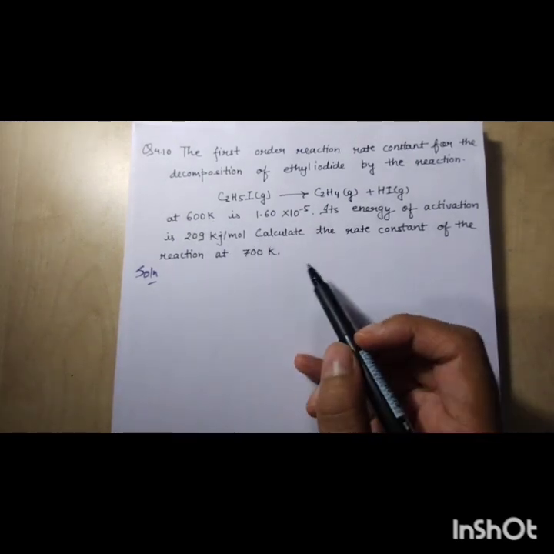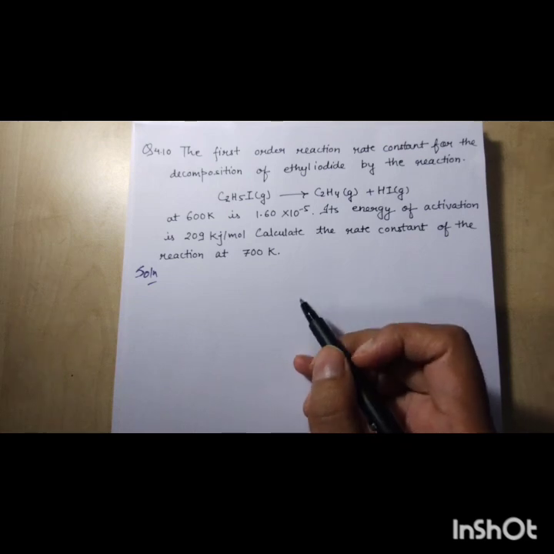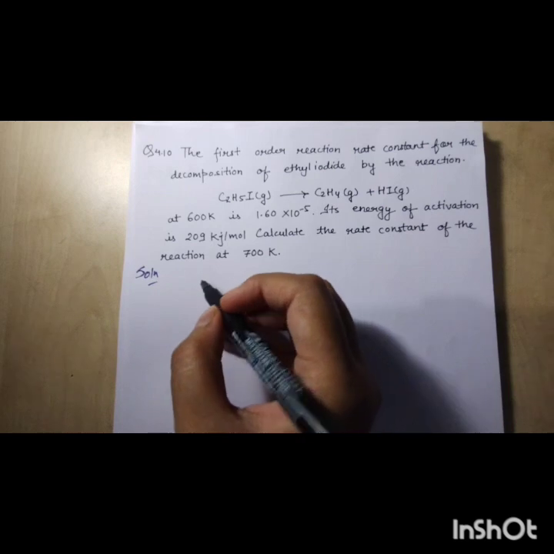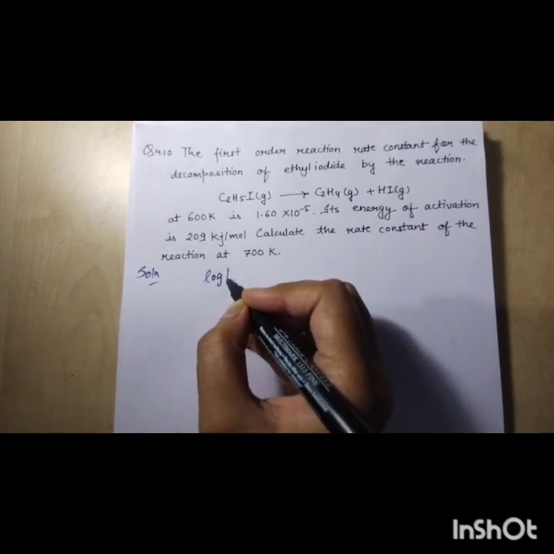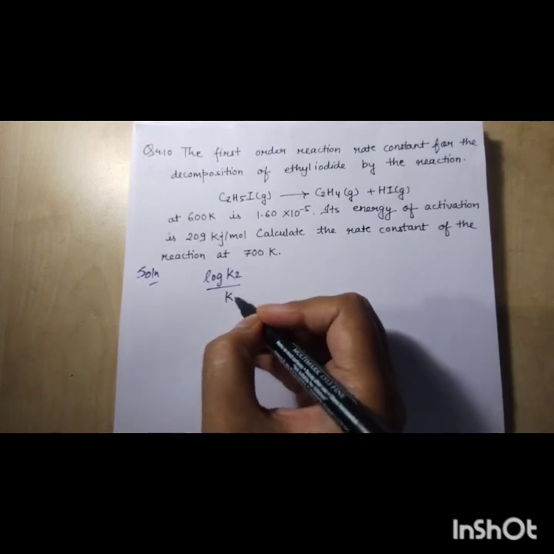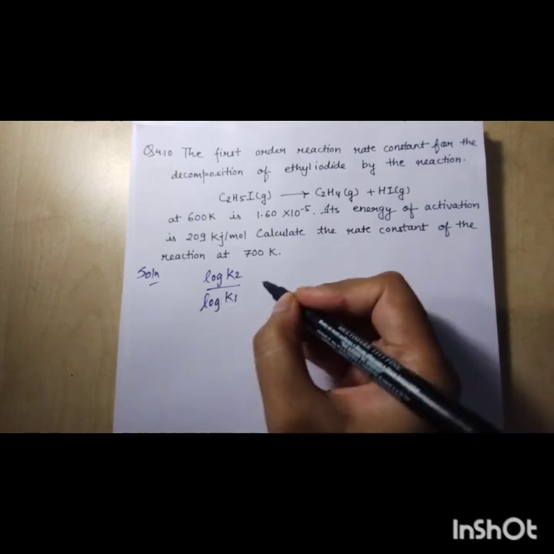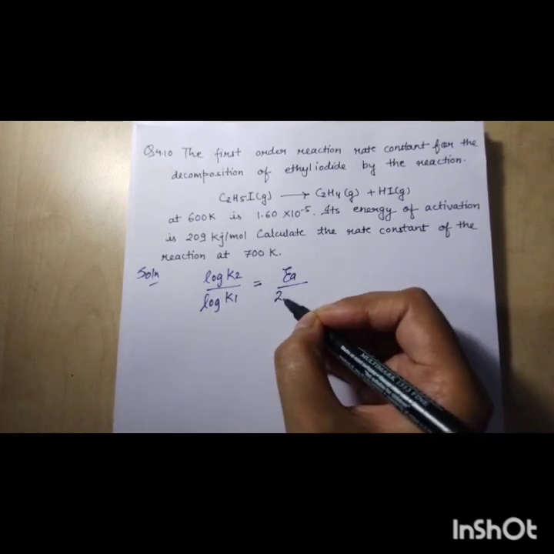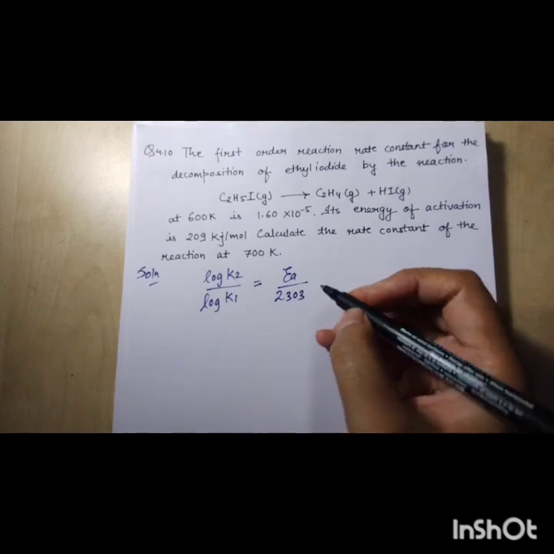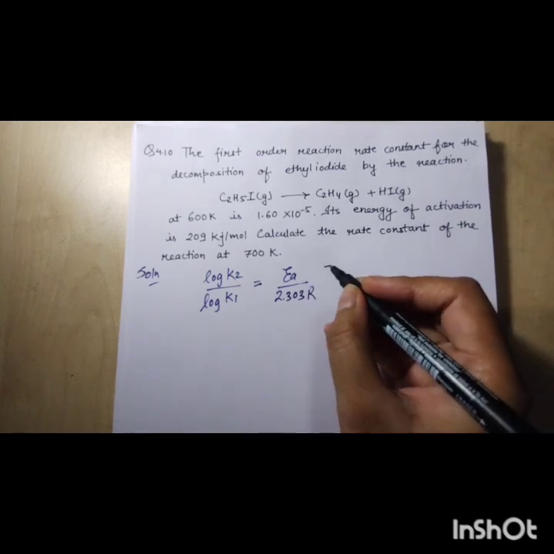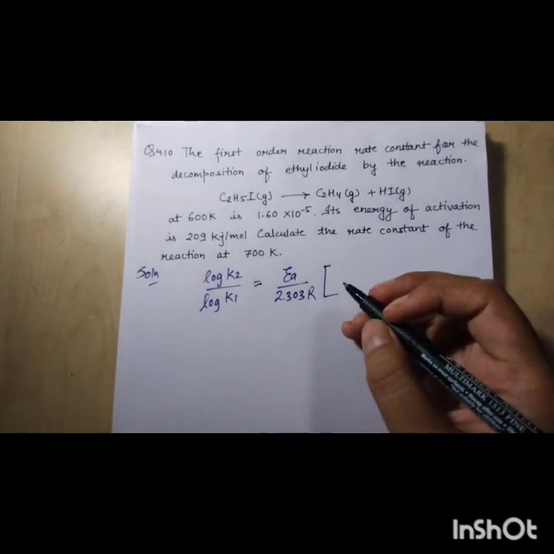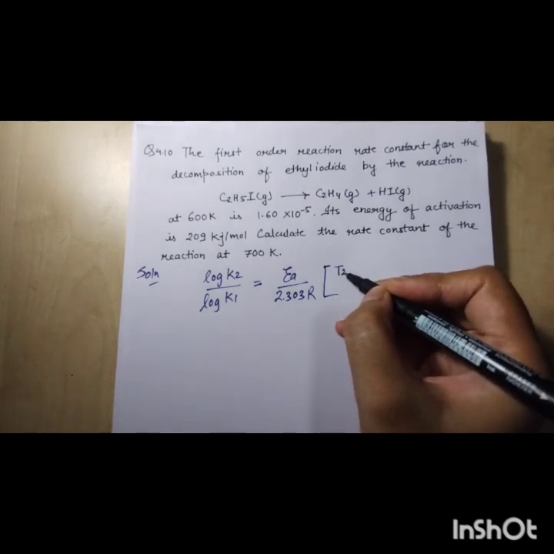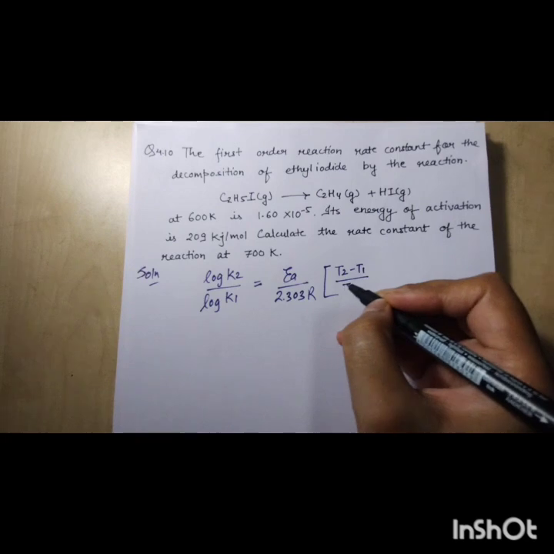So again we will solve with the help of the integrated form of the Arrhenius equation, that is log K2 by K1 is equal to EA upon 2.303 R into T2 minus T1 upon T1 T2.